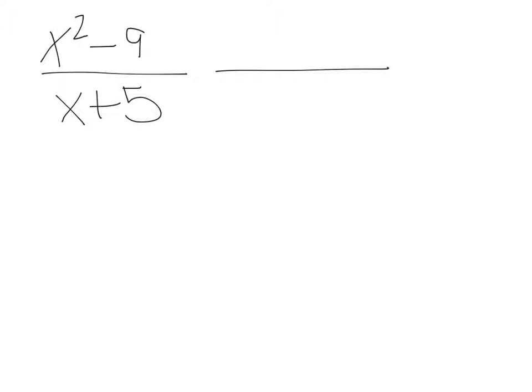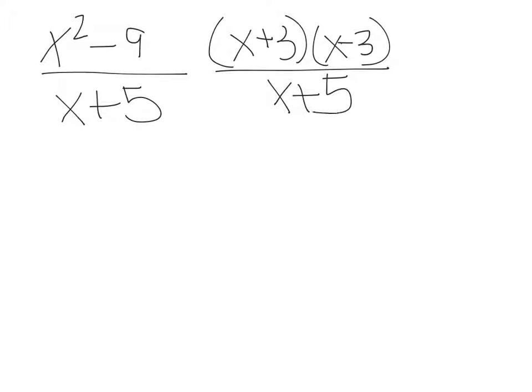The other test had that x squared minus 9 over x plus 5. And this one requires me to factor the numerator. X squared minus 9 factors into x plus 3, x minus 3. Difference of two perfect squares, you should know this, over x plus 5. There are no common factors in the numerator and the denominator that are going to cancel off.